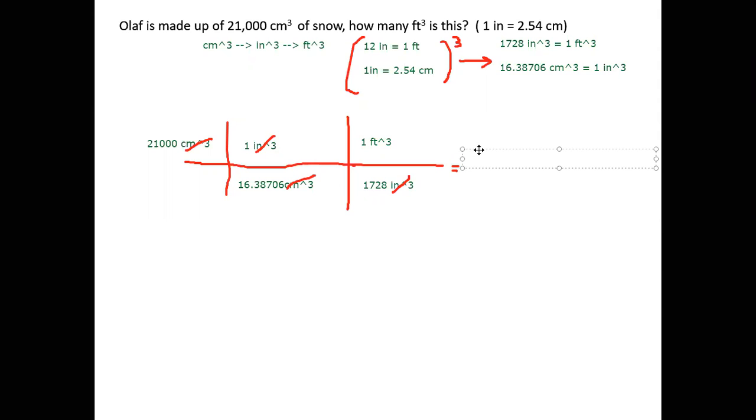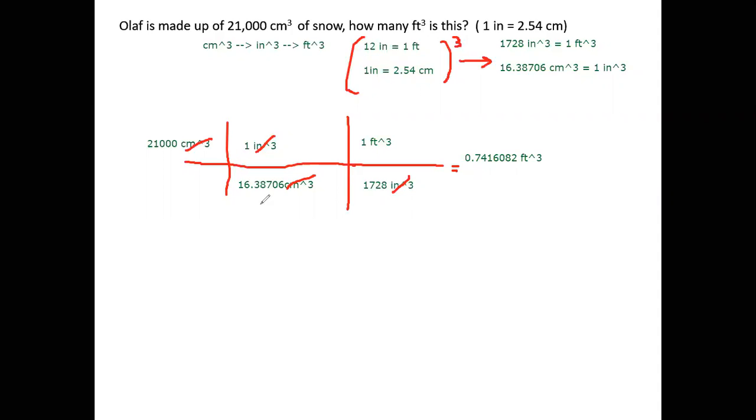The calculator tells us that many feet cubed. Let me double check my work. So that's the answer, but we need to do significant figures.